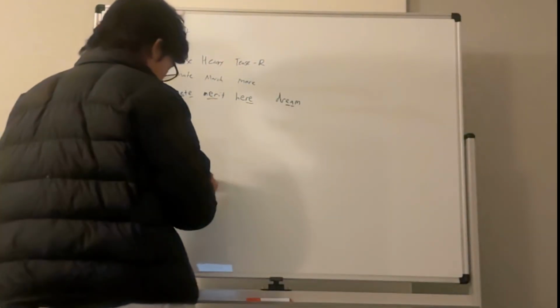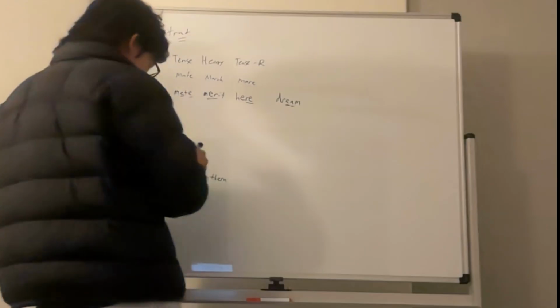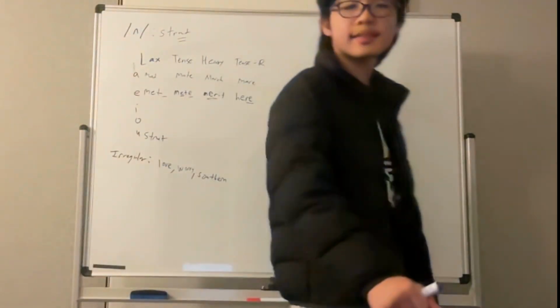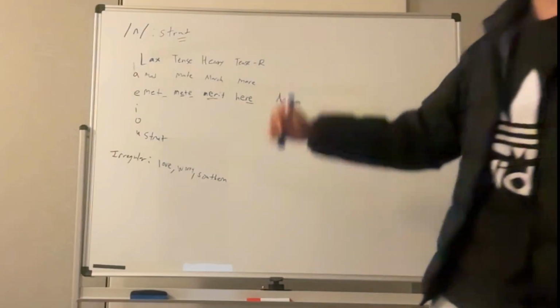Anyways, why am I saying this? Because the digraph OU is an exception. Digraph OU can be both tense and lax, and the tense form of OU is pronounced as strut, as in southern.